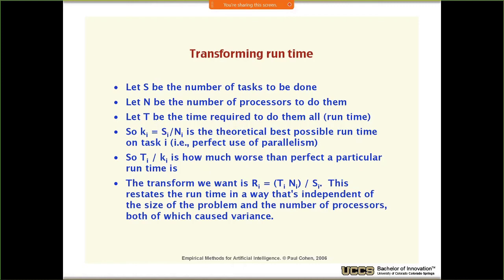So I can measure things. If I transform stuff into a new variable R that takes T, the time, times N, the number of processors, divided by S, I get something that is independent of the number of processors and the size of the problem, both of which drive my variance.